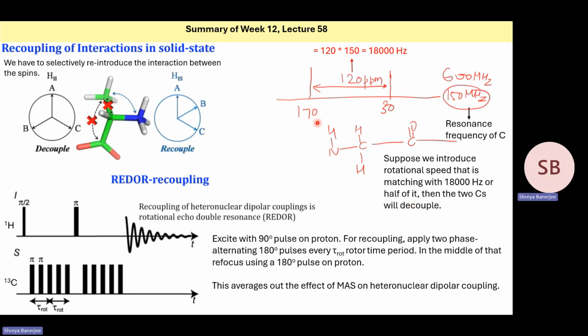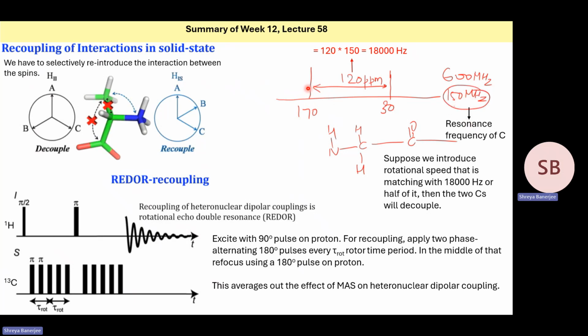So suppose we have two spins, one around 50 ppm and one around 170 ppm. Then the difference in frequency between these two is 120 ppm. And we know that in a 600 megahertz instrument, the resonance frequency of carbon is 150 megahertz.